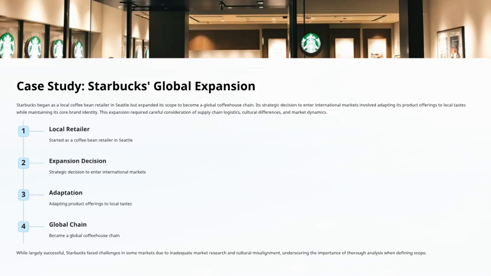This expansion required careful consideration of supply chain logistics, cultural differences, and market dynamics. While largely successful, Starbucks faced challenges in some markets due to inadequate market research and cultural misalignment, underscoring the importance of thorough analysis when defining scope.